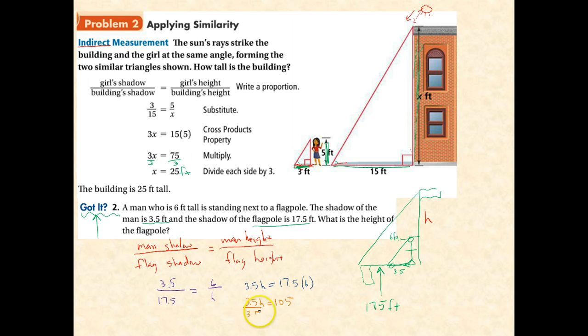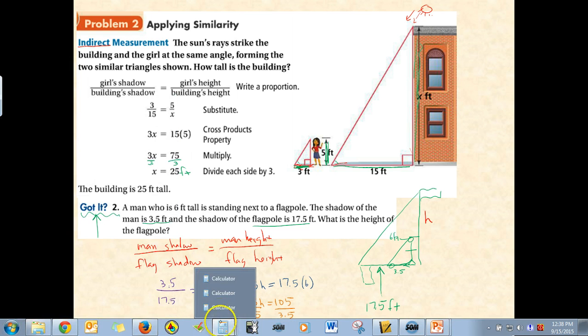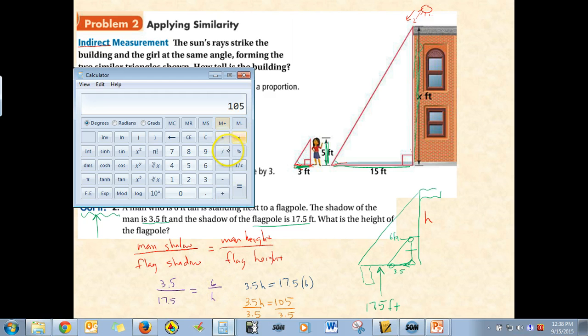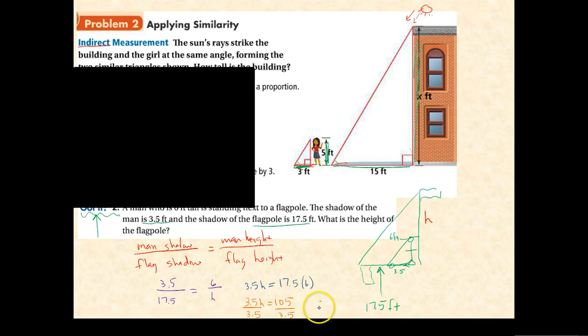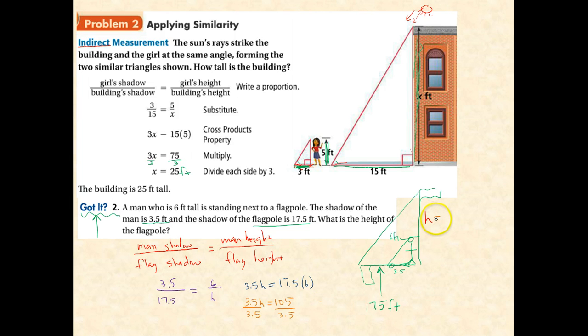Then we need to divide both sides by 3.5. And we get 105 divided by 3.5 is 30. So we get h equals 30 feet tall. So the flag is 30 feet tall.